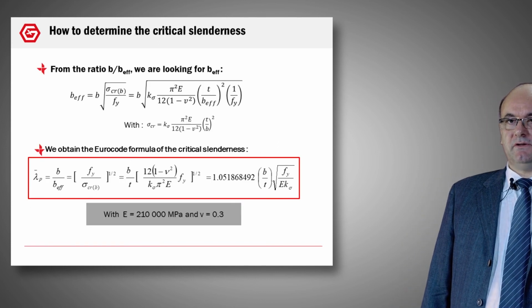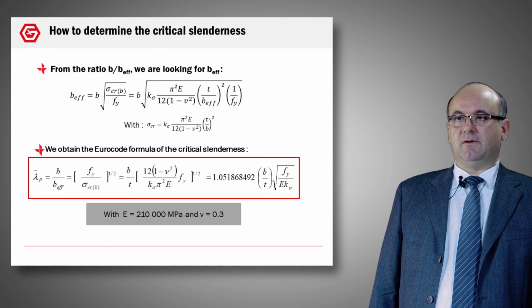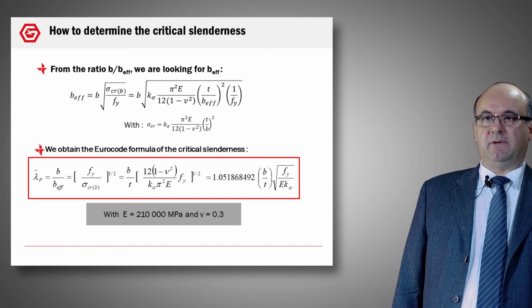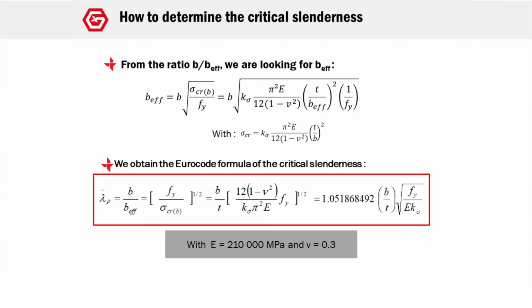Now, in link with the Eurocode, we define a critical slenderness, lambda bar p, that is equal to this expression, B divided by B effective, and that is equal, in fact, to 1.05 multiplied by the ratio B divided by T multiplied by the square root of Fy divided by E divided by k sigma.